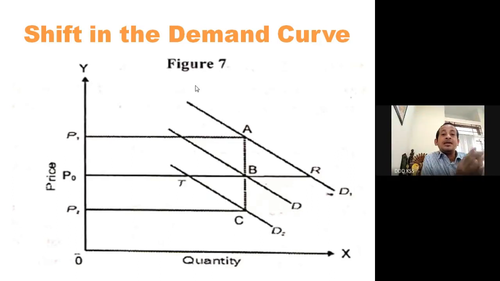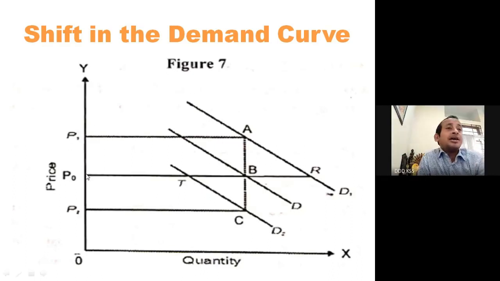Okay, and in that case price is not a factor. Demand will get changed due to these factors. Price is not a matter here, and this is known as shift in the demand curve.